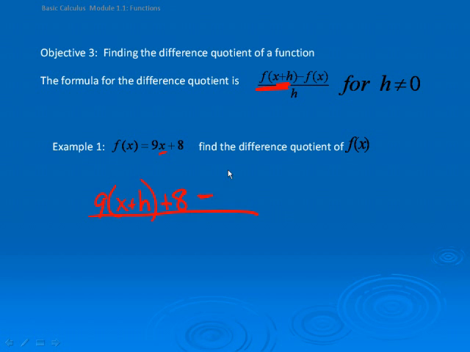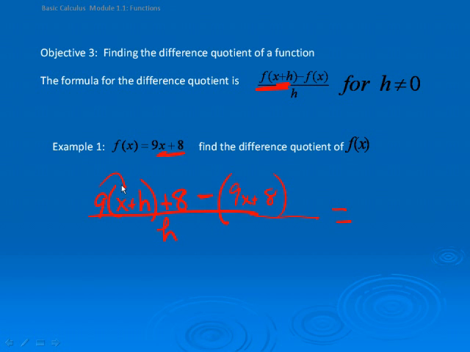Okay, so that's got this part of it covered. Minus, now I'm going to use parentheses here because I know that minus has to go to the entire second part of this, f of x. Well, f of x is simply this. So it'll be 9x plus 8, all over h. Okay.